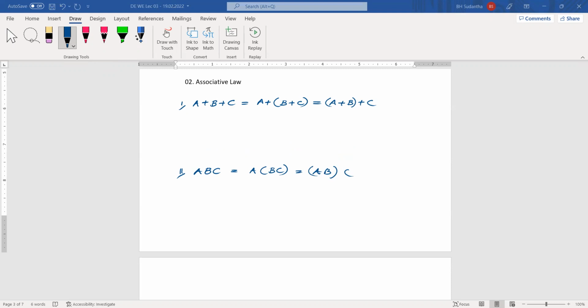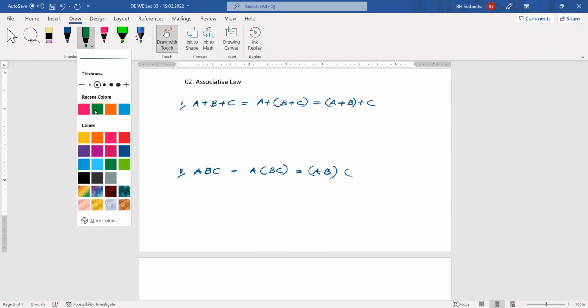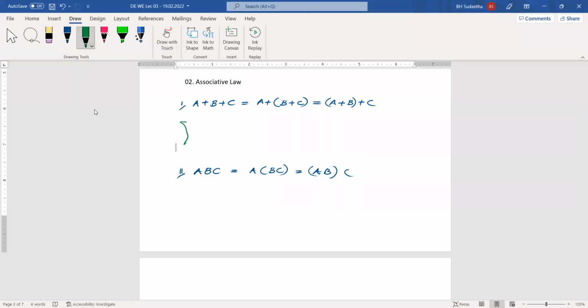I'll draw this one. Then for the first one, we can take a 3 input OR gate. See F. But the same operation, the same functionality, you can receive if you do it this way also.